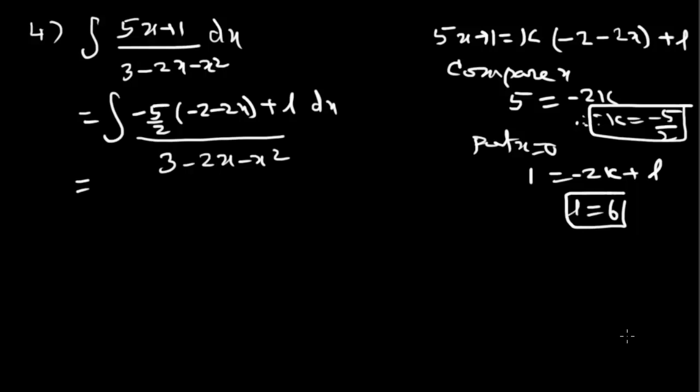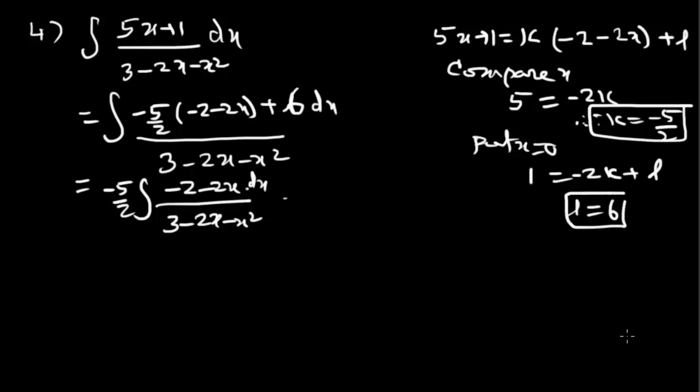So take minus 5 by 2 as a factor and write minus 2 minus 2x into dx by 3 minus 2x minus x squared, and then L value is 6, so plus 6 we also take out, integral dx by 3 minus 2x minus x squared.